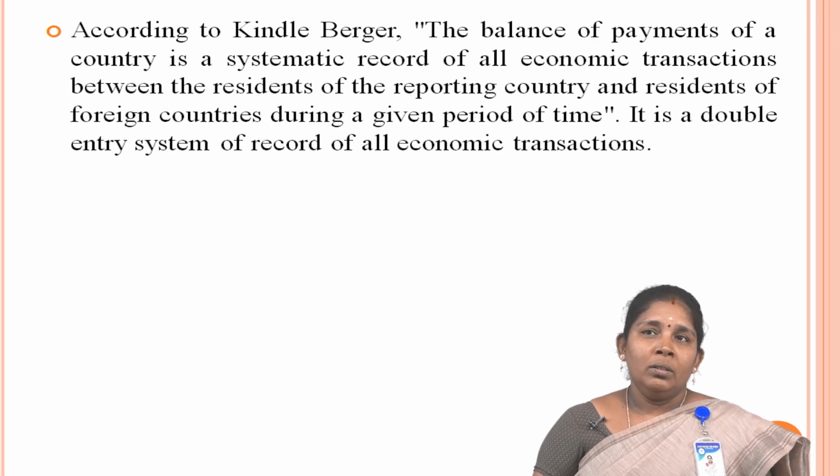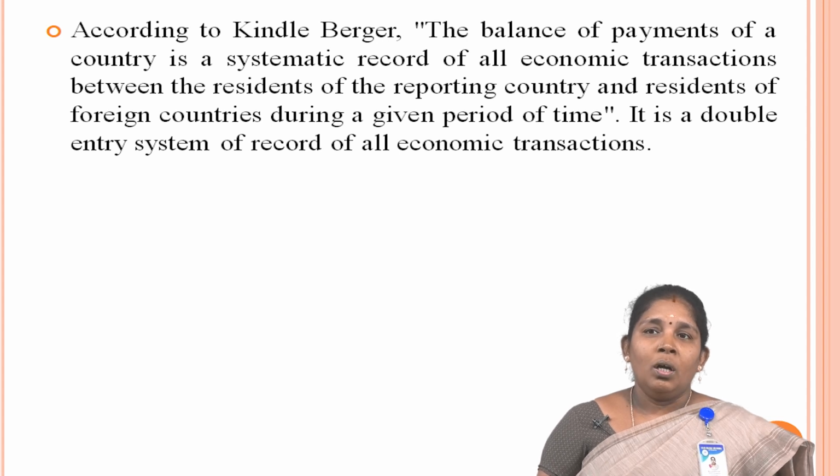Now, define balance of payment. According to Kindleberger, the balance of payment of a country is a systematic record of all economic transactions between the residents of the reporting country and residents of foreign countries during a given period of time. It is a double entry system of record of all economic transactions.